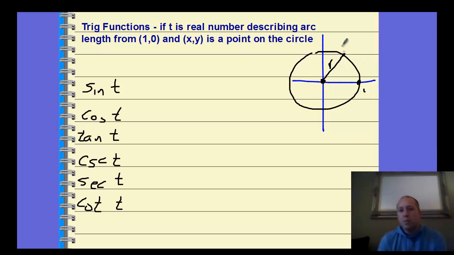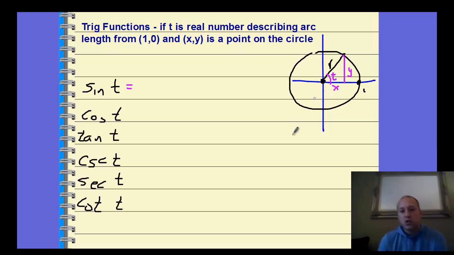So then if we drop the point straight down, we're going to create an x and a y value. So this is the angle t we're looking at for this triangle, and so we have a y value and an x value. So the sine of that triangle is the opposite over hypotenuse.